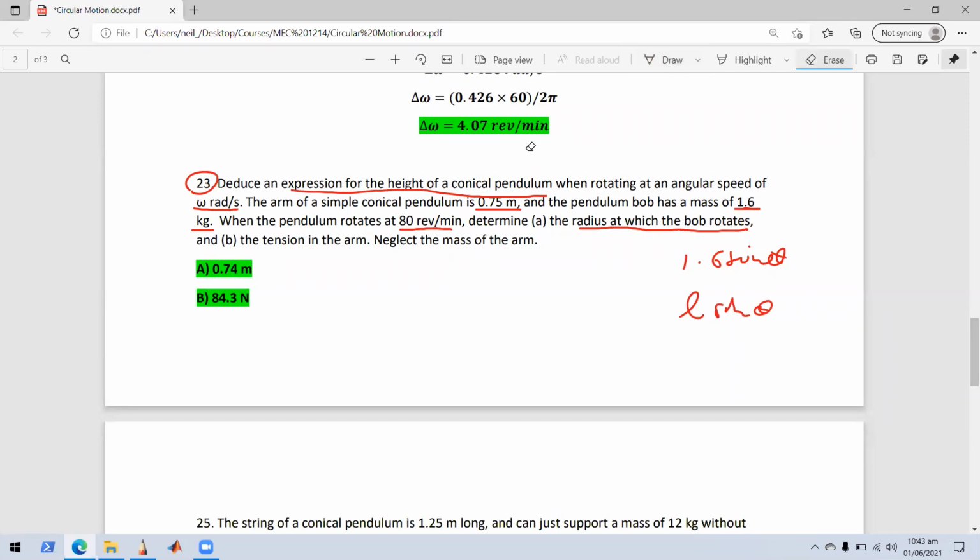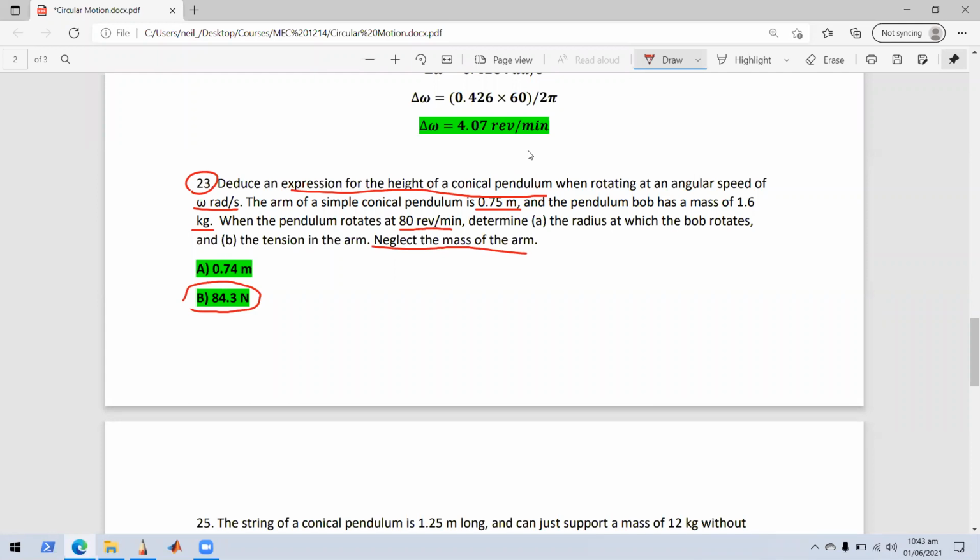So you can use that along the way to help you out. And B, the tension in the arm, right? So tension, we know how to calculate tension, right? We've been doing that. And of course, the one unique like mass in the arm, just like before.